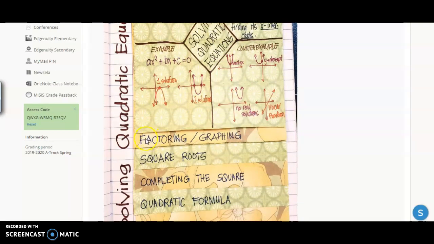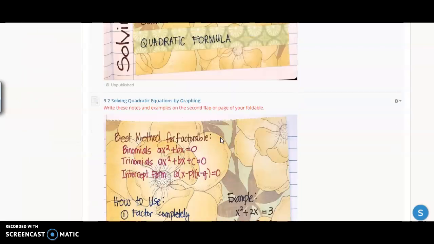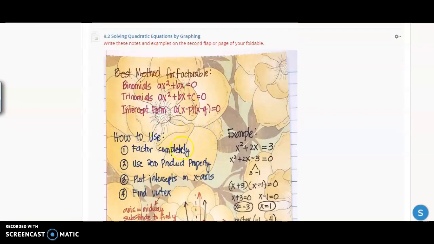Okay. So our focus for this last 2 days of the week is how to solve quadratics by factoring and or graphing. So why did I put them together? Move on to the next page in your Schoology. So I put them together because this method, solving equations by graphing, works best for factorable polynomials.